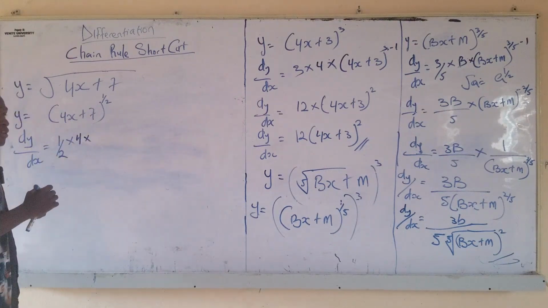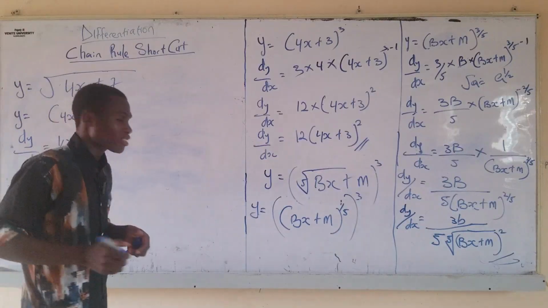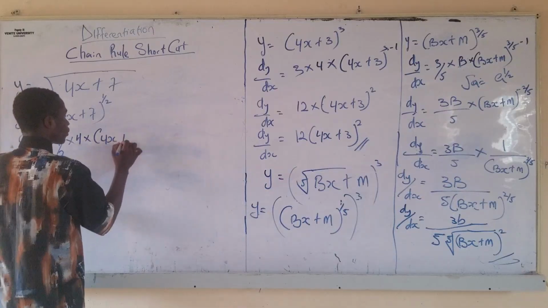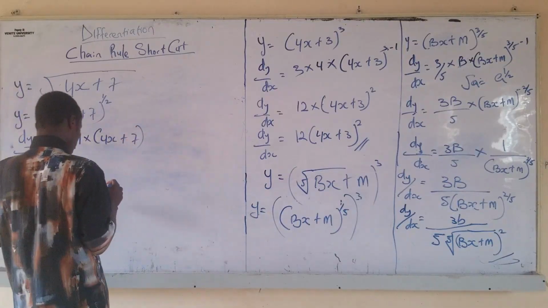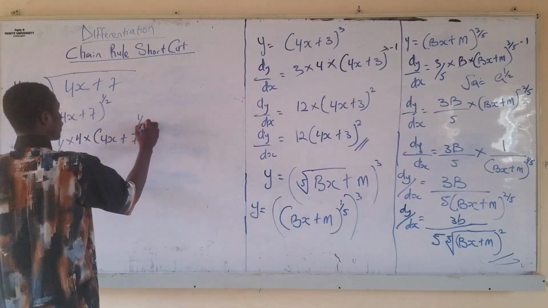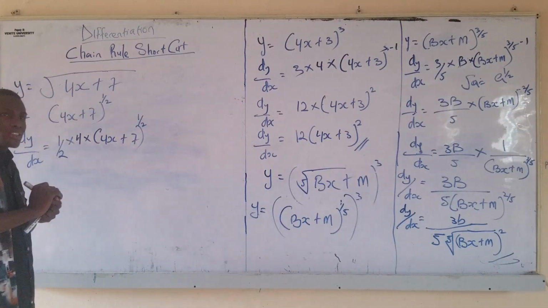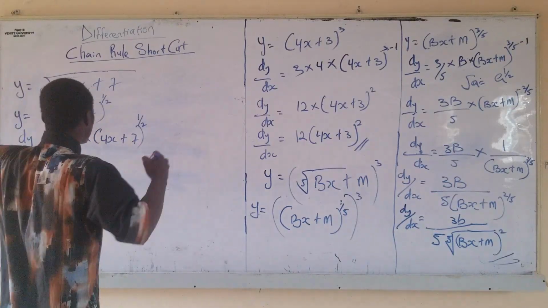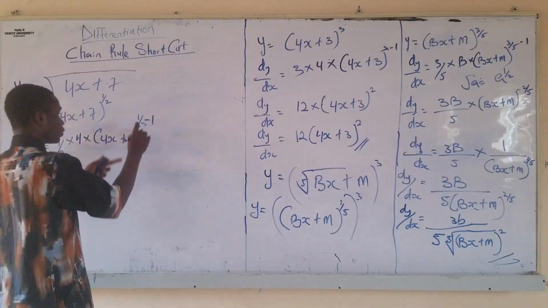The third step says write the bracket unchanged. If I write the bracket unchanged, this becomes (4x + 7) raised to power 1 over 2. Then the fourth step says reduce the power by 1. If I reduce this power by 1, this is minus 1.